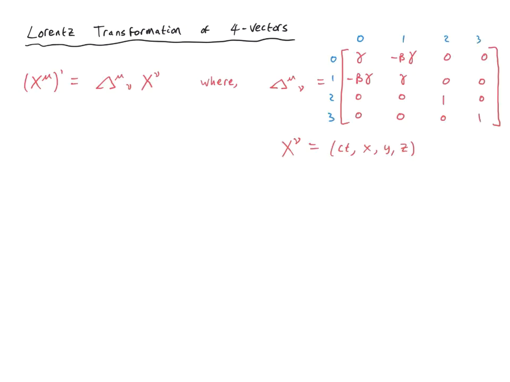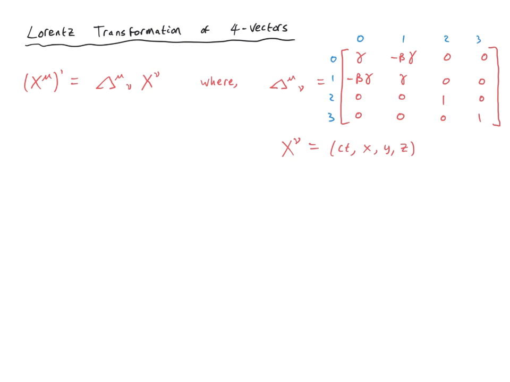So we have the Lorentz transformation defined in this way, where we have an implicit sum over nu, which contracts that index. It converts one contravariant four-vector in reference frame S to another contravariant four-vector in reference frame S primed. The four-vector in question is the four-position here, ct, x, y, z, and our Lorentz transformation matrix is this 4x4 object from the previous slide.